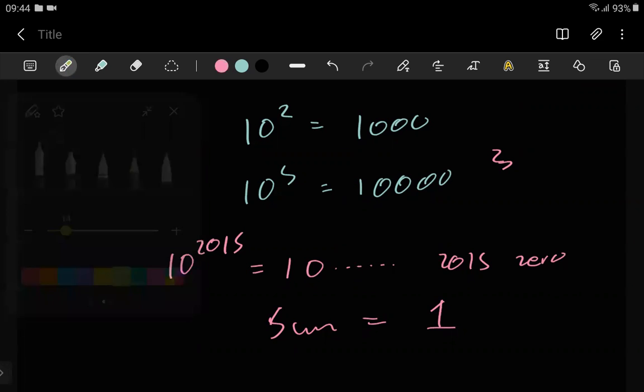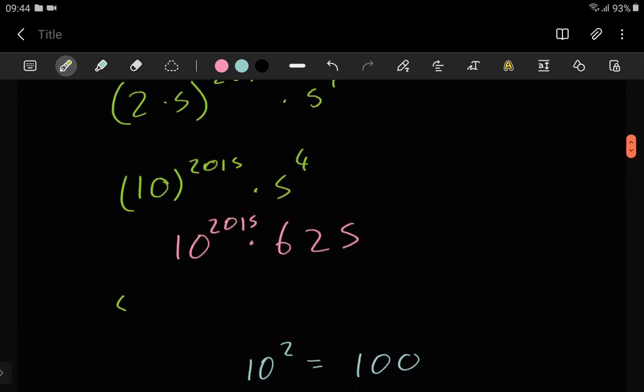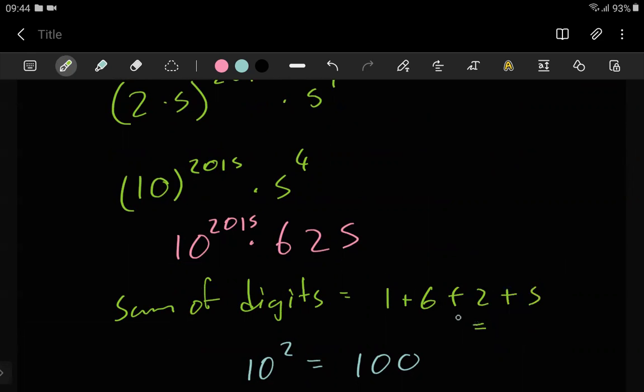So here we can say that the sum of digits is going to be a 1 for this whole thing. It's just going to give us 1 plus the 6 plus the 2 plus the 5, which is 3 here plus 5, which is 8. 8 plus 4 plus 6 gives us 14. That's your number. Oh, okay.